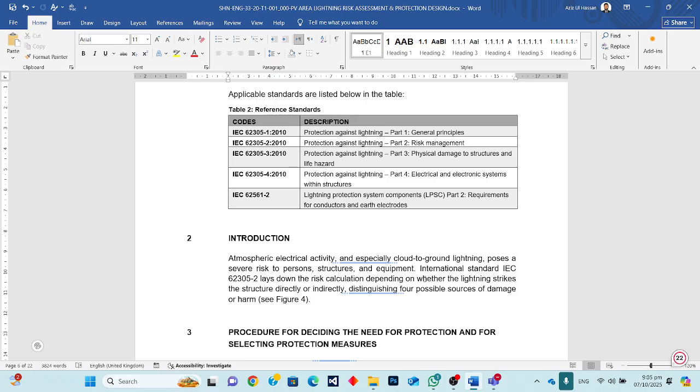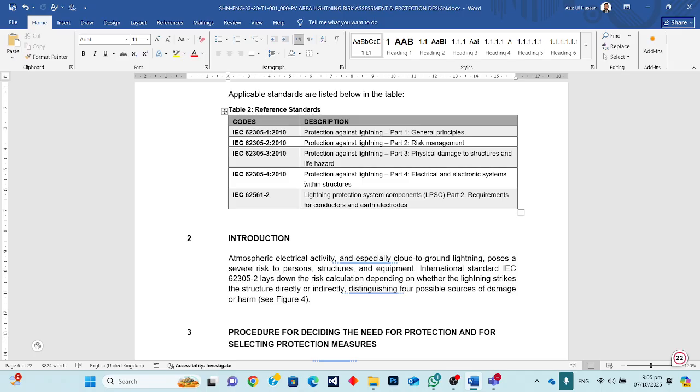First of all, these are the four main parts of the same IEC standard 62305, and then the IEC 62561-2. Basically, these are the main IEC standards which will be used in the lightning protection study.